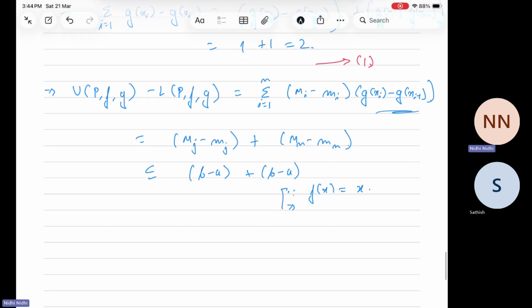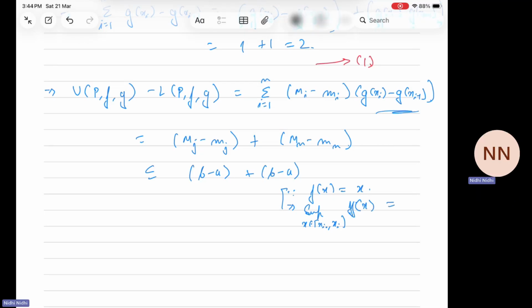That means the supremum over xi minus 1 to xi of fx will actually be equal to xi, and the infimum from xi minus 1 to xi of the function fx will be xi minus 1.